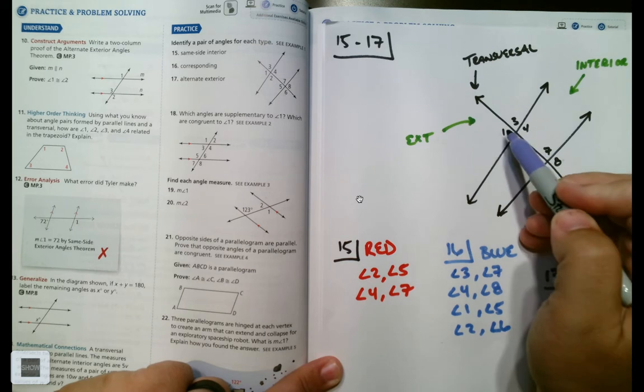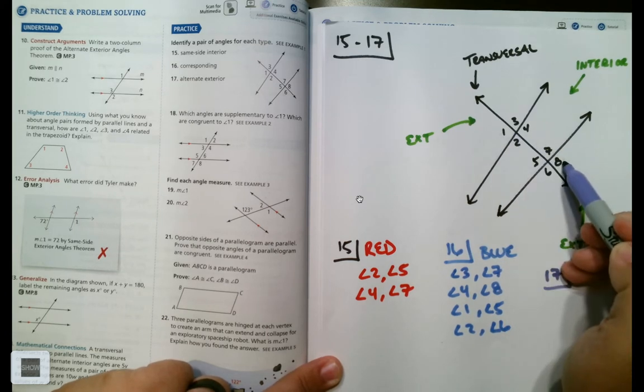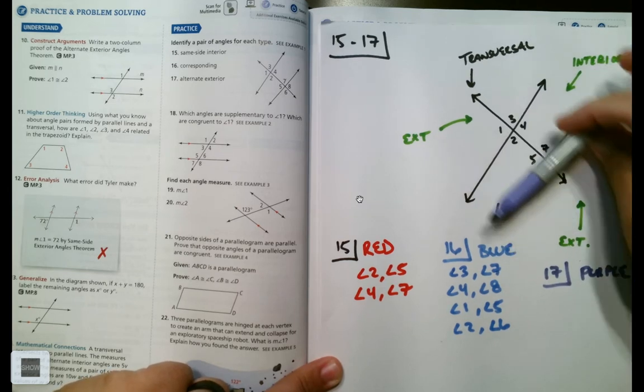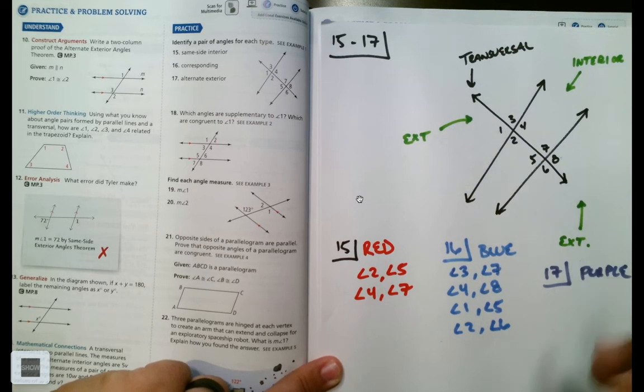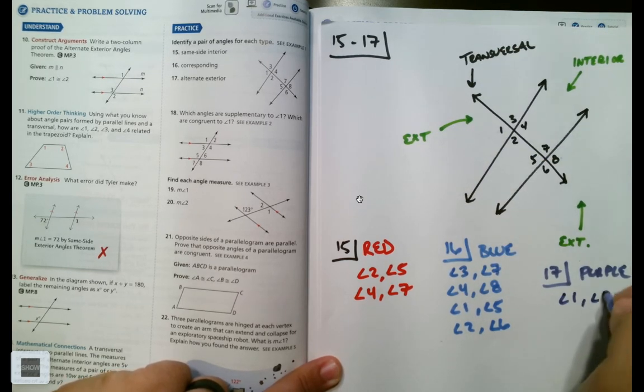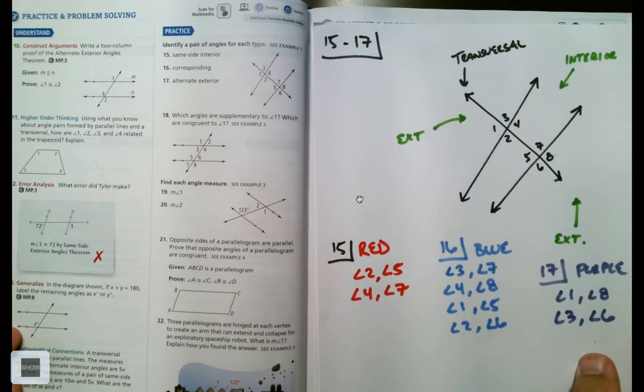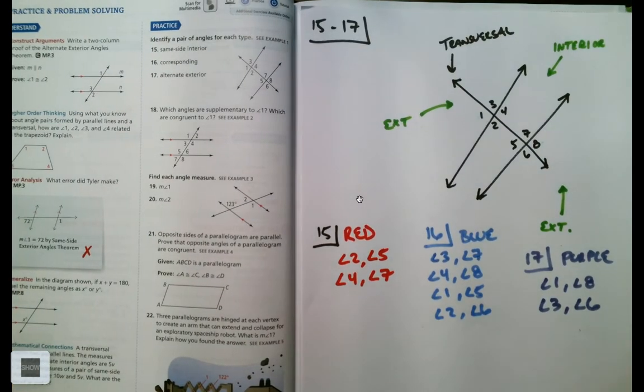So I can say 1 and 8, right? They're on opposite sides of that transversal, and they're on the outside of those 2 lines. So 1 and 8. And then 3 and 6. Kind of getting off my screen here a little bit, sorry.